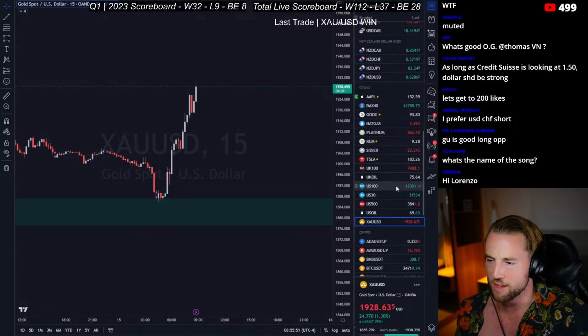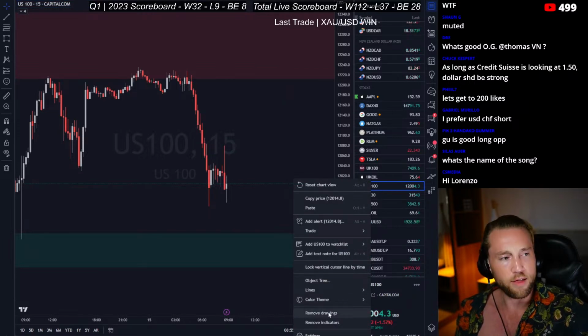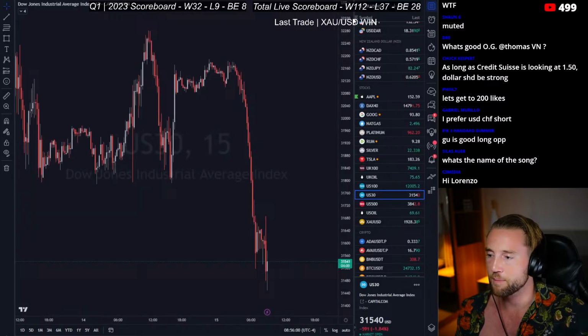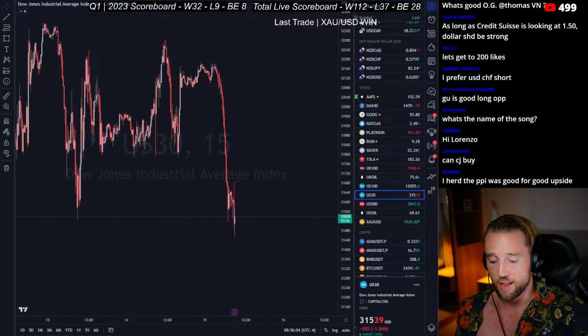Then looking at the Nasdaq and the indices right here, the dollar is stagnating, and at the same time the indices are also not really strong. This tells me the same thing again: people are fearful at the moment.